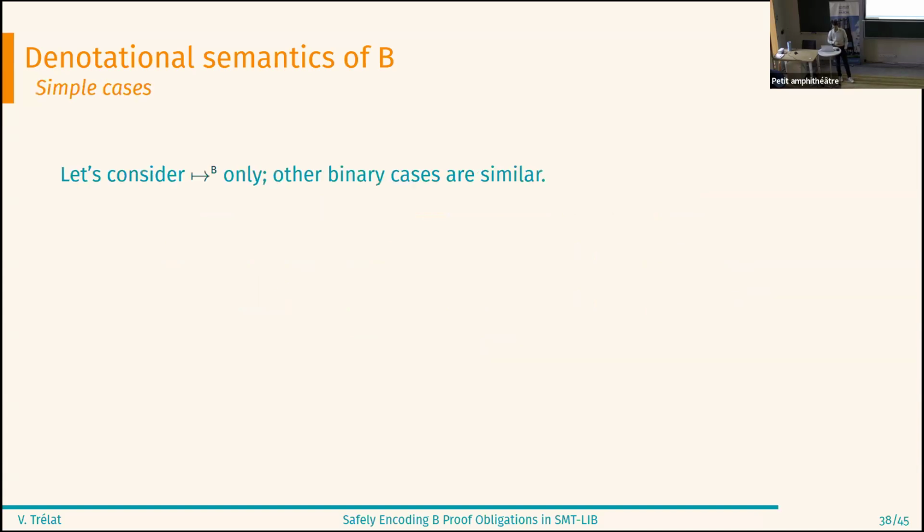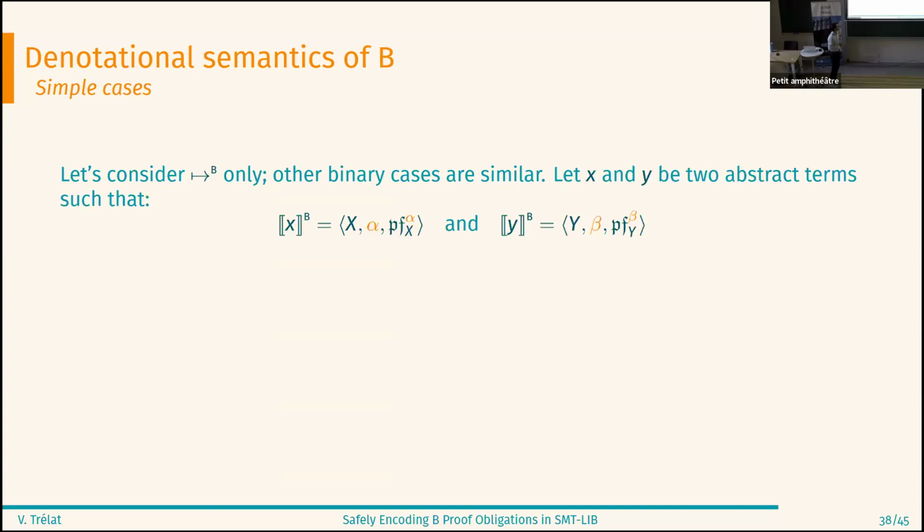It's actually quite easy for all the unary and binary cases, but let's consider, for example, the constructor for pairs. I'm defining the semantics by induction. By induction, we assume that we have two abstract terms X and Y that actually have denotations.